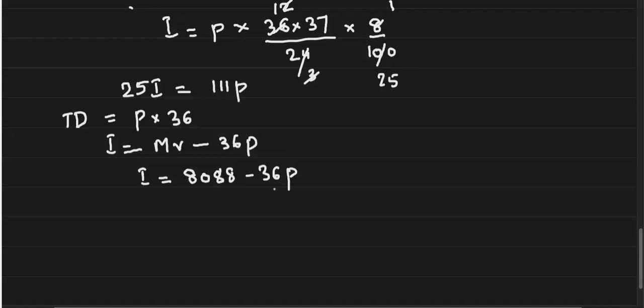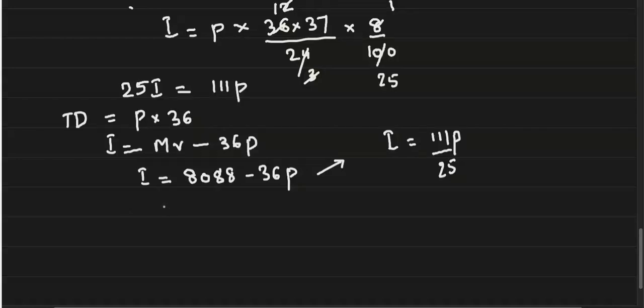Okay. We'll do this only. I equal to 111P divided by 25. This is something we can put here in the place of I.